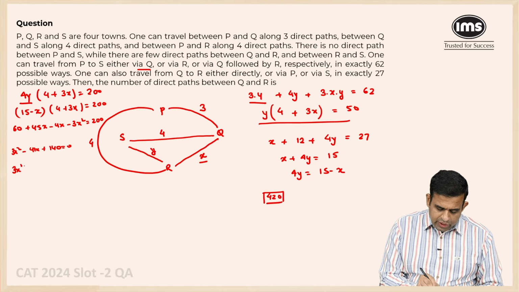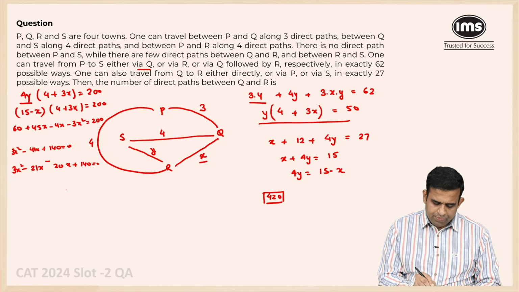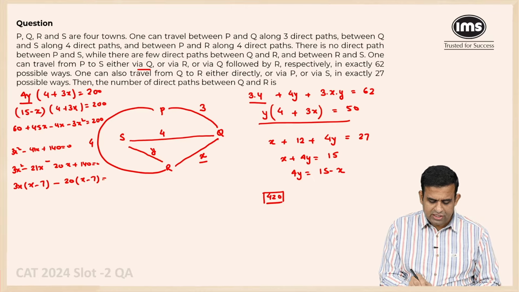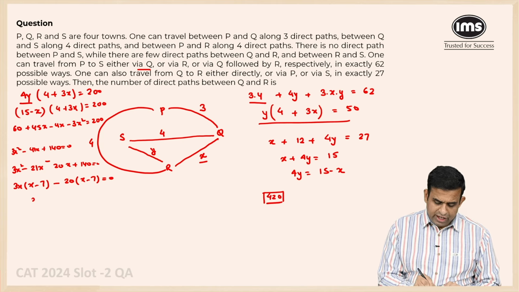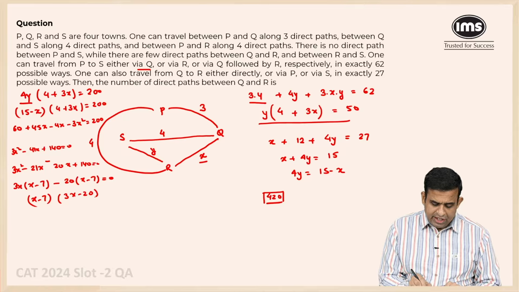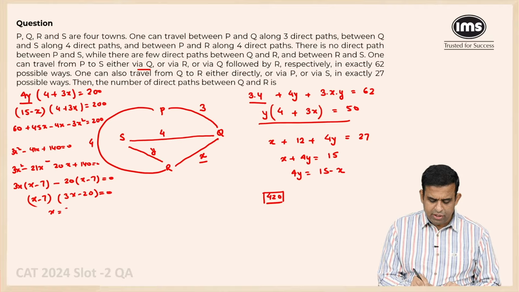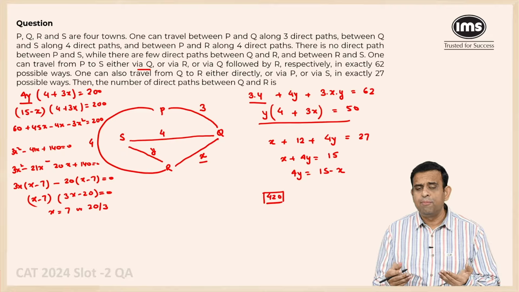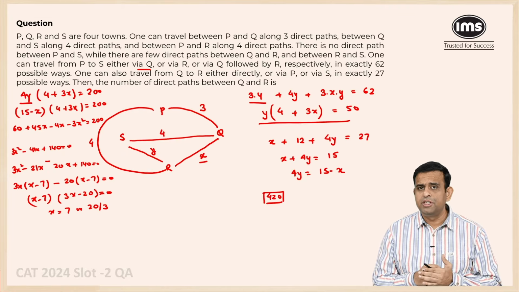So 3X square minus 21X minus 20X plus 140 equals 0. Taking 3X common, X minus 7, minus 20 common, X minus 7, equals 0. So we get X minus 7 as one factor and 3X minus 20 as the other factor. X becomes equal to 7 or 20 by 3. But understand what X is: the number of paths, which has to be a positive integer.